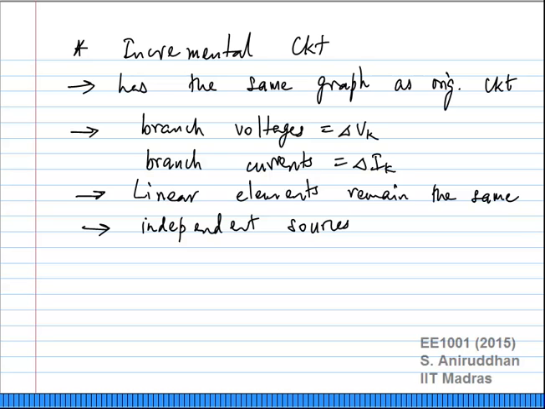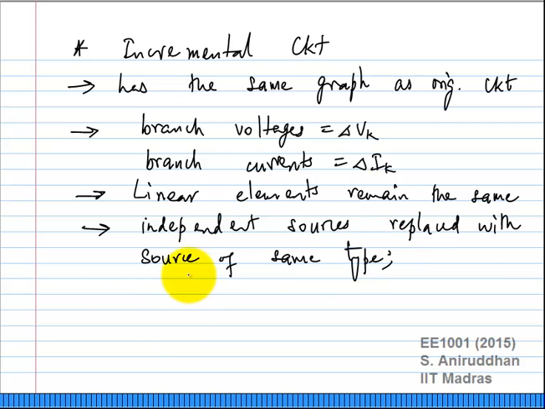Now the excitation is no longer Vs, it is delta Vs. So you replace the voltage source with a voltage source, the current source with a current source, but the value is nothing but the increment or change in the original value.